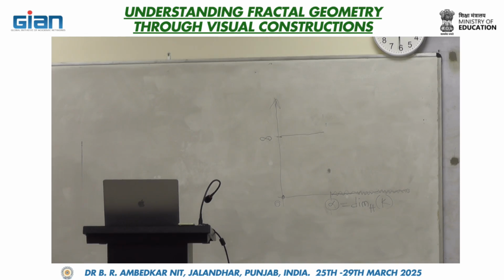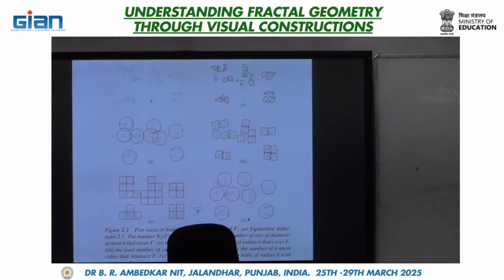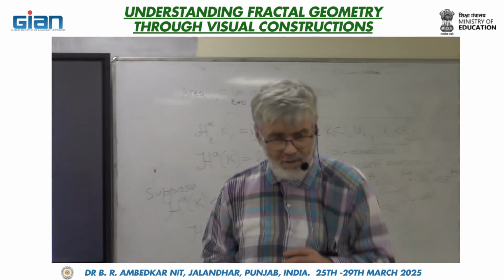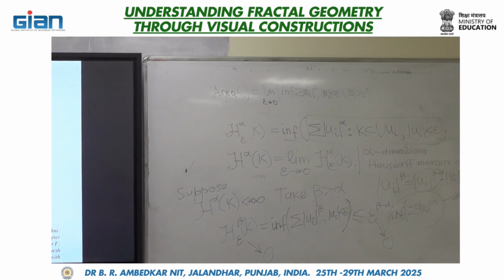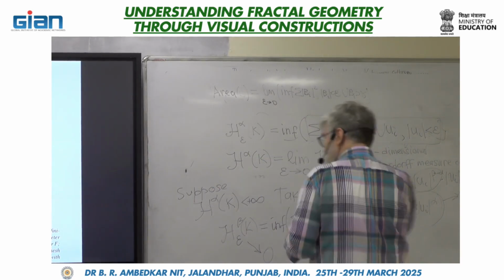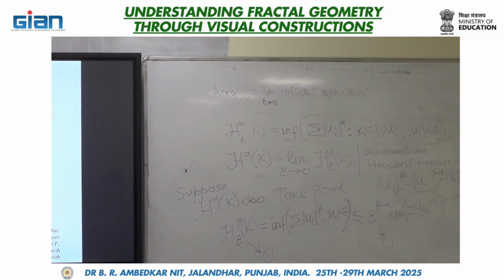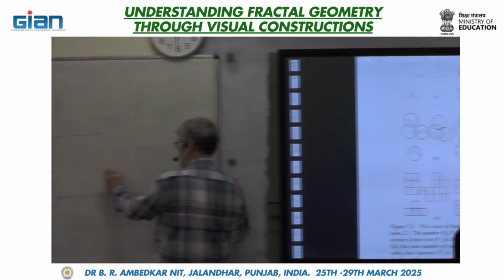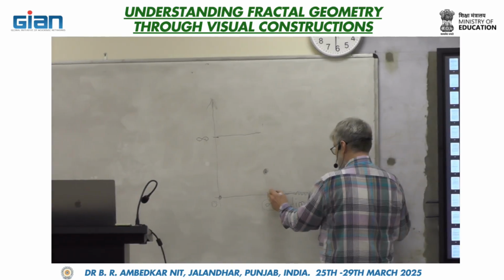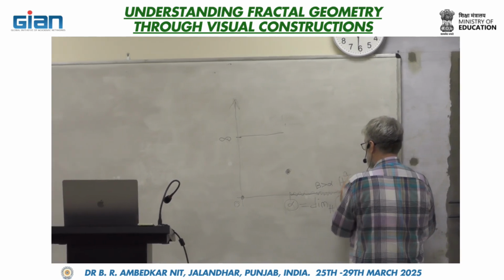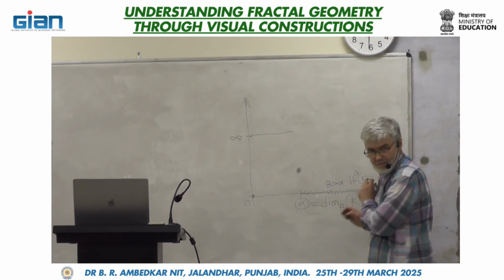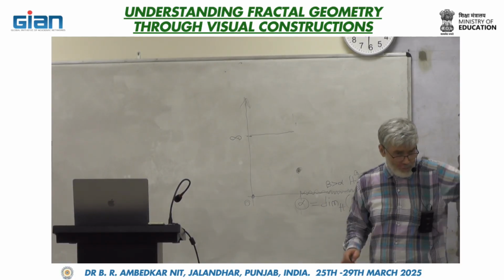You see, it's very good. This picture. If H alpha of K is finite, then for beta more than alpha, H beta of K is 0, right? We proved it.